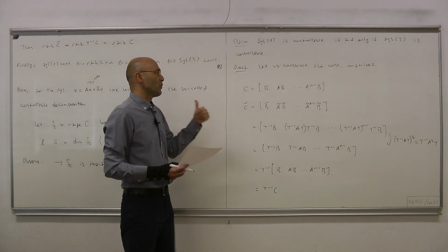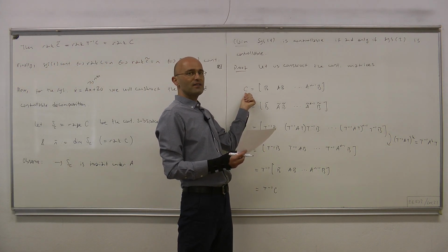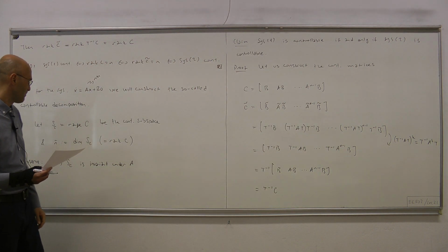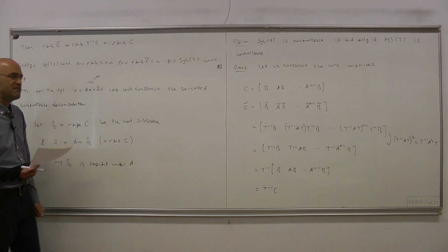Because of that, plus the fact that when constructing the controllability matrix we go as far as the n minus first power of A, the controllable subspace must be invariant under A.